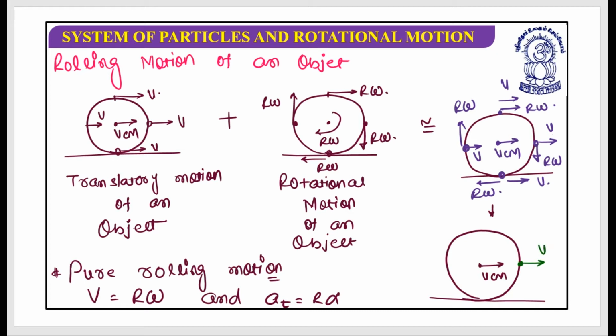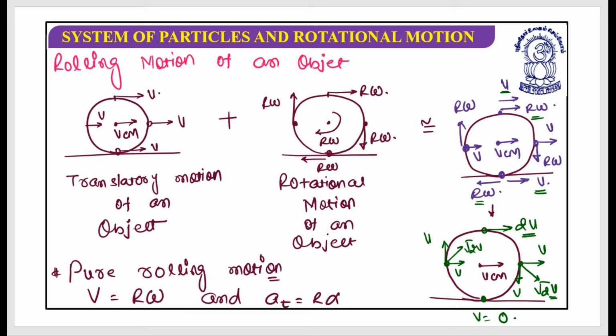So this is V, this is V. So effectively this should be root 2 V. This is having a zero velocity because V is equal to V. One is moving in the positive x direction, another is in the negative x direction. Both have the same magnitude, so V minus V would be 0. About this is V, again this is V, so that should be equivalent to root 2 V, and this is V, this is V, it's 2V.